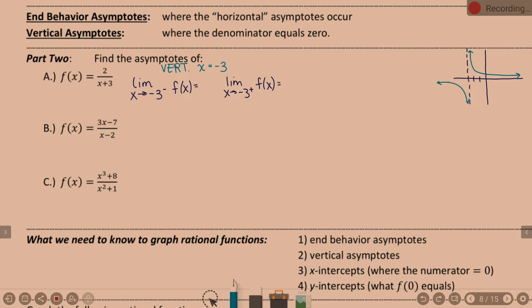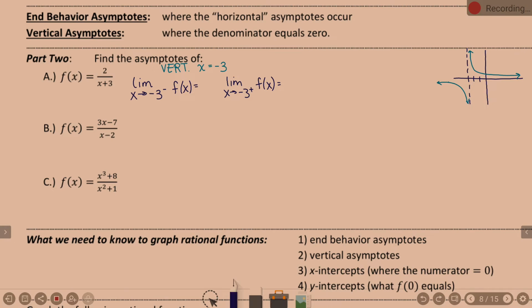Now, based on that graph, how do we answer our two questions down here? The limit as x approaches -3 from the negative side of f of x. Where's my graph going? On the left it is going down at -3, isn't it?